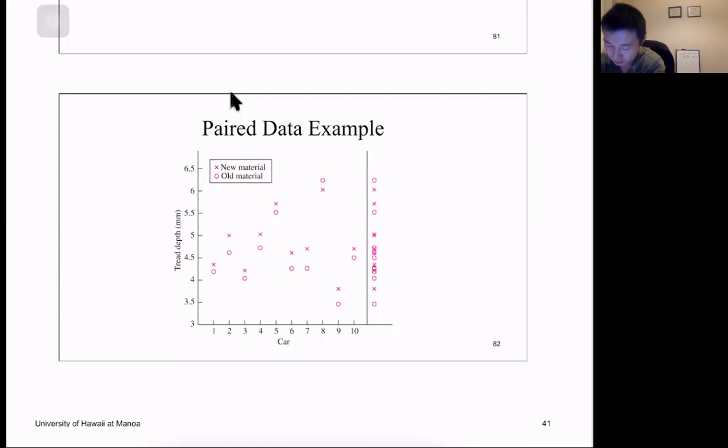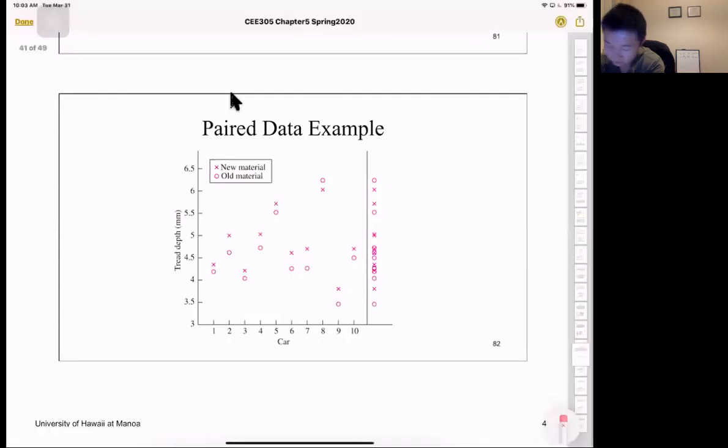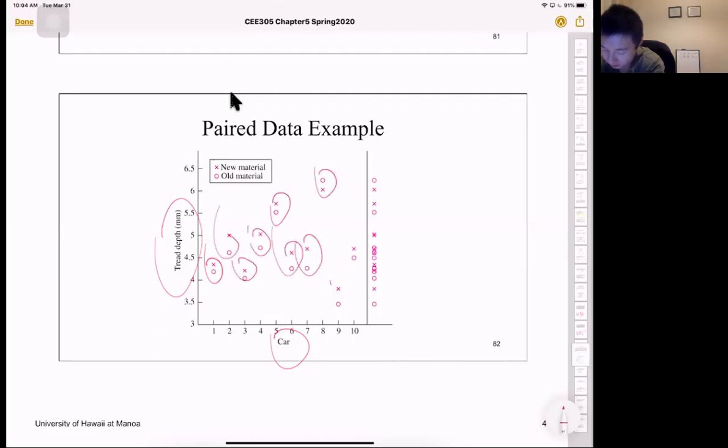Here are the tread depths for different cars. This is one pair, and here is another pair. These two sets of results are not independent because they are associated with the same car.